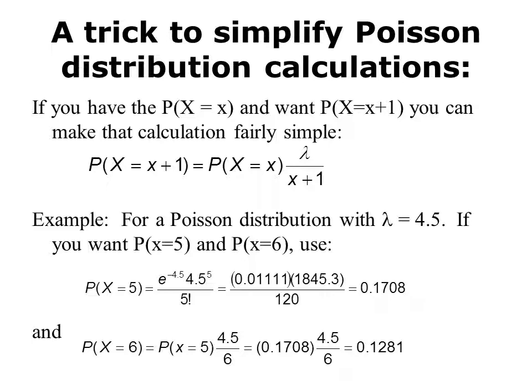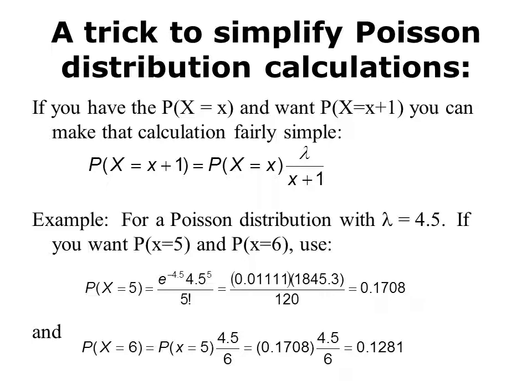If I ask what's the probability that you'll have 5 or fewer occurrences in this interval, well, that means you have to calculate the probability that 0 happen, that 1 happens, that 2 happens, that 3 happens, that 4 happens, that 5 happen, and sum them all. That can get a bit tedious, and one of the ways that we can avoid that tedium is taking advantage of this trick. And I show an example here for a distribution where lambda is equal to 4.5.